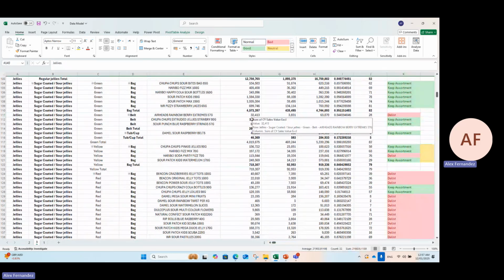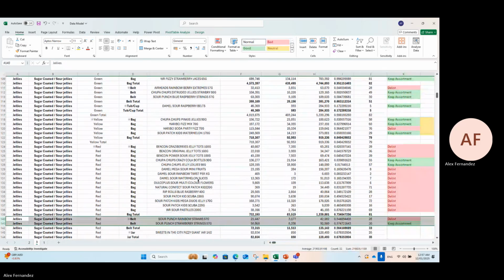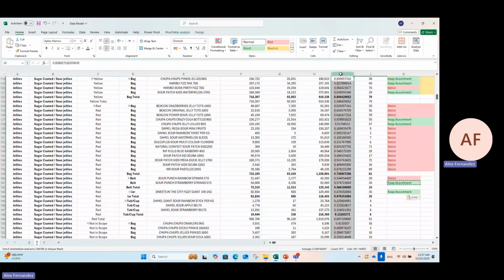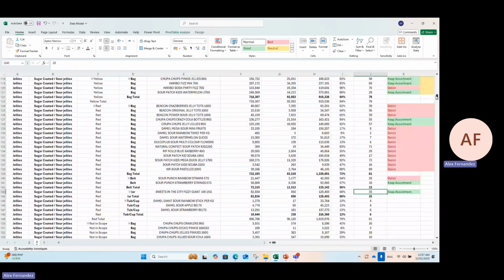Yes, 32. This is a jar, but it's selling as 82, so let's keep it. It's a unique SKU, but it has definitely to improve the WD.